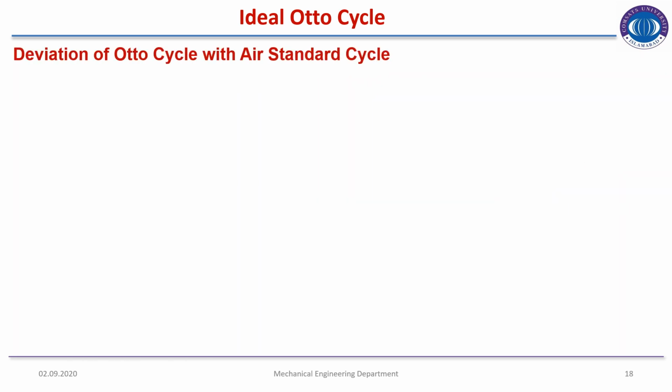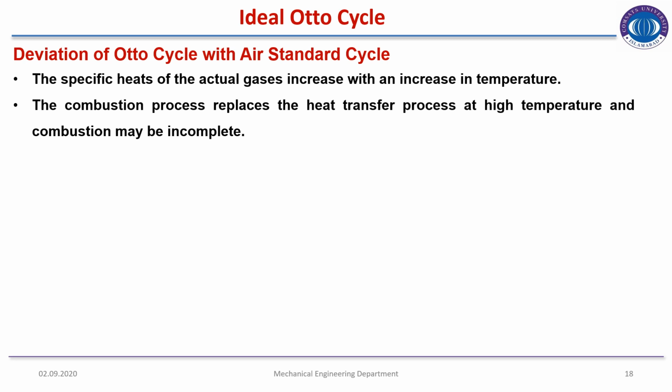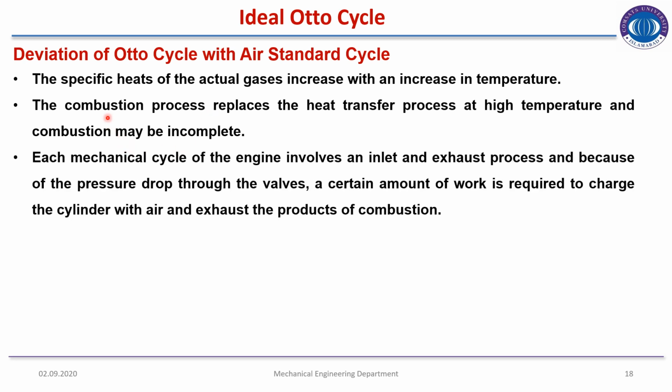Deviation of the Otto cycle from the air standard cycle: the specific heat of actual gases increases with the increase in temperature. The combustion process replaces the heat transfer process at high temperature, and combustion may be incomplete.